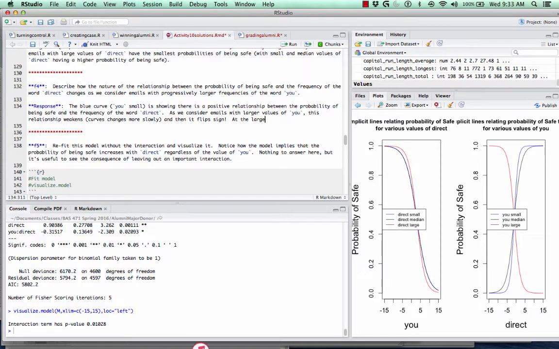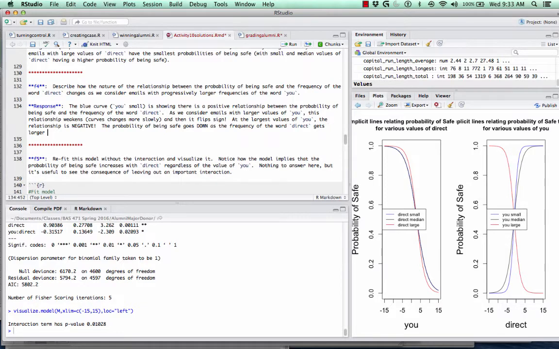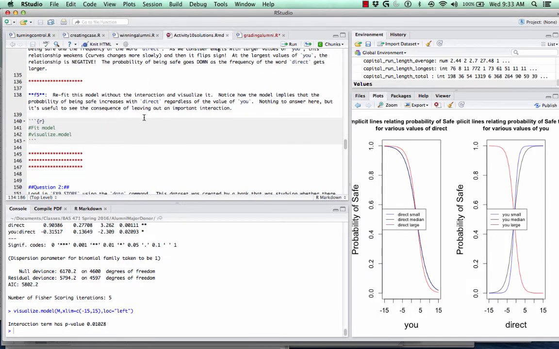So at the largest values of u, the relationship is negative. The probability of being safe goes down as the frequency of the word direct gets larger. So pretty interesting. We wouldn't be able to capture that effect if we didn't have that interaction in there. Very often interactions do play a very important role in relationships, and it's always useful to consider them.